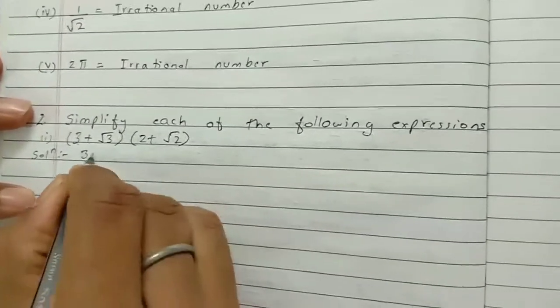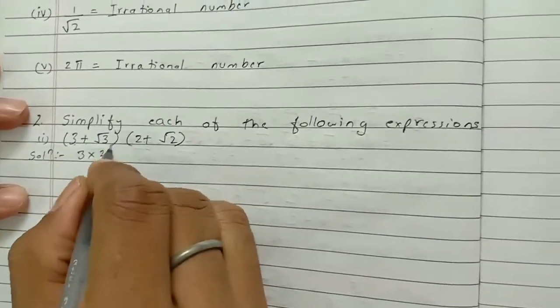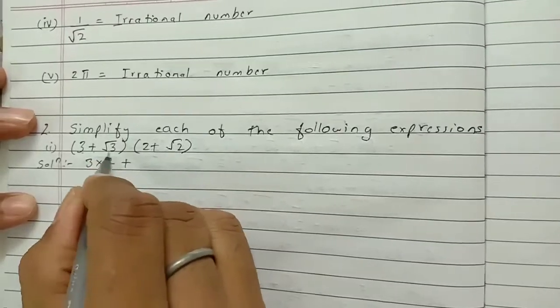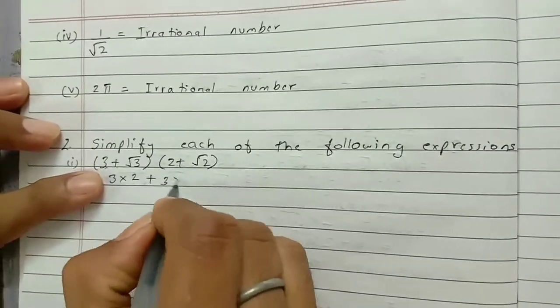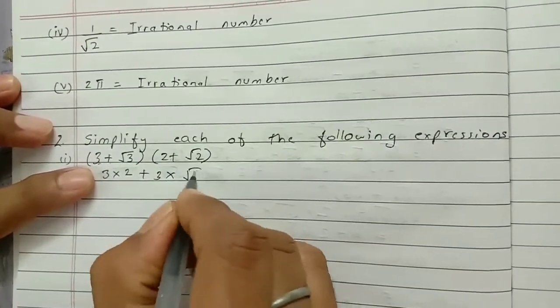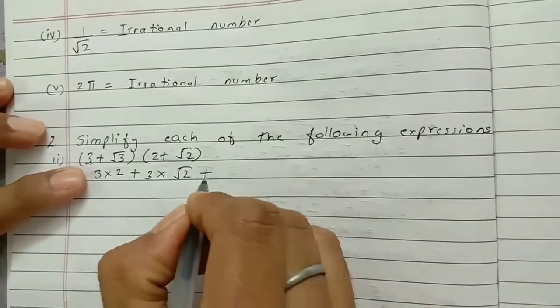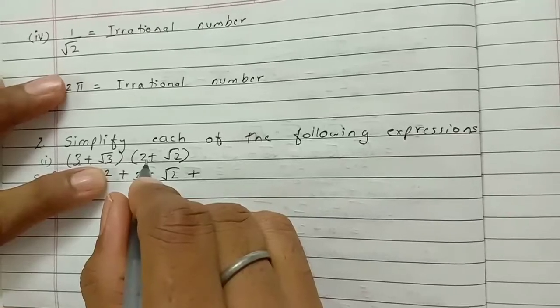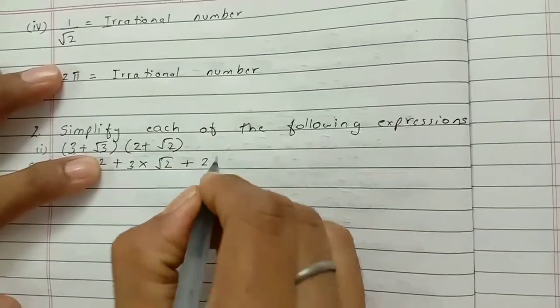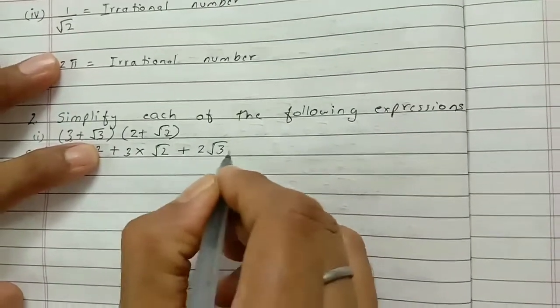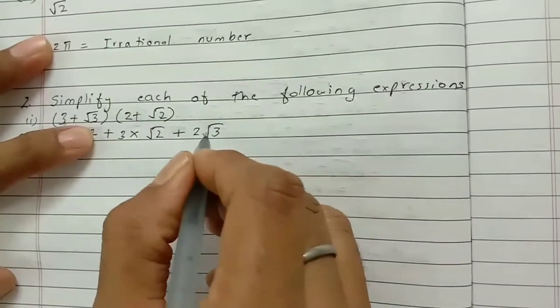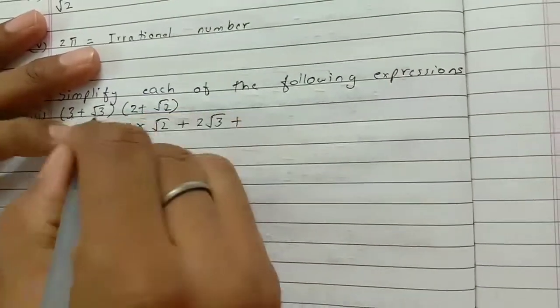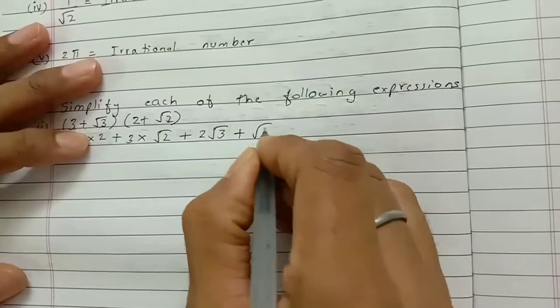This will be 3 into 2 plus 3 into root 2 plus root 3 into 2. You can write this as 2 root 3 also, since it's multiplication, and plus root 3 into root 2.